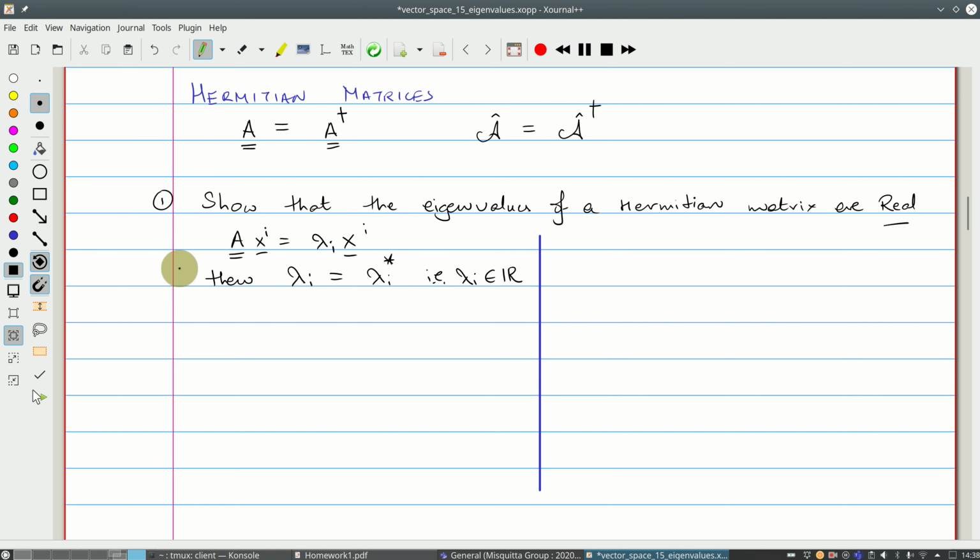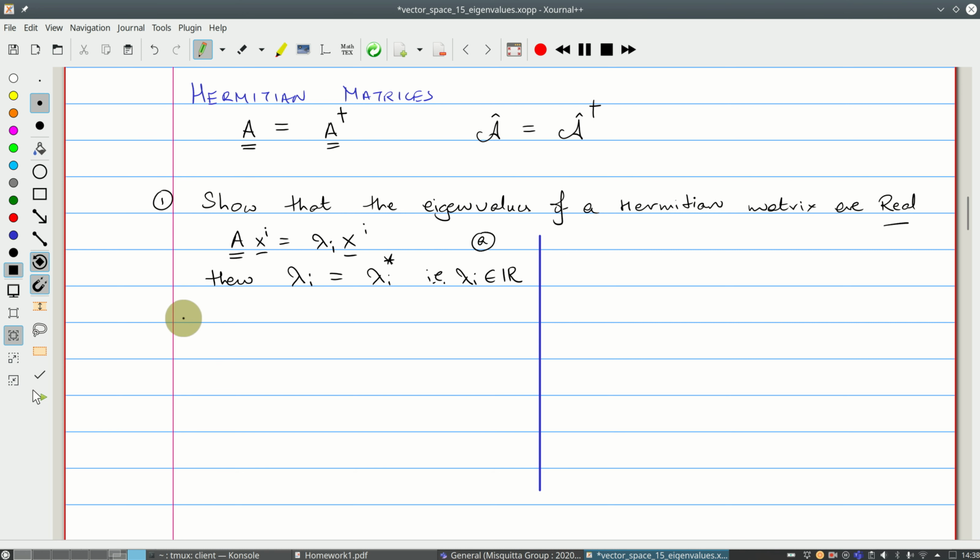Well, let's think about it. Okay, so I can take this equation over here and I can take its adjoint on both sides. So if I call this equation 1, no, let's call it equation little a.